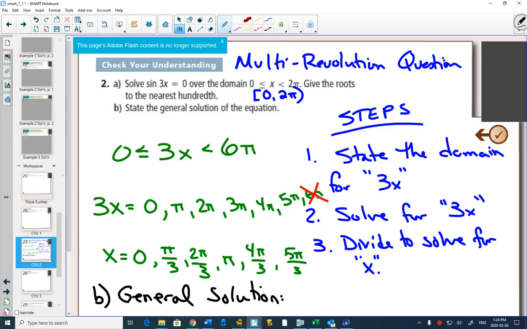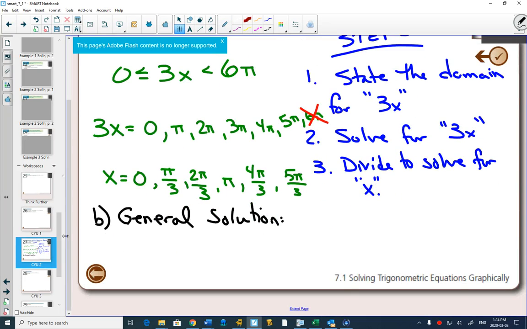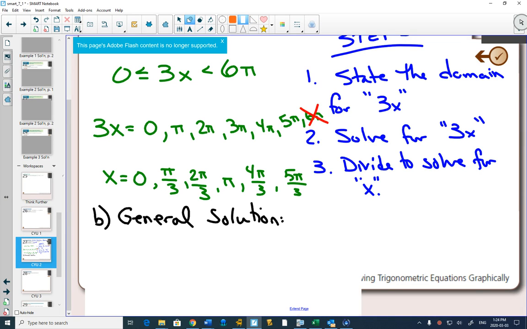So since we've solved between 0 and 2 pi already, are we ever going to be given something like sine of 1/3 x? Yep, it's possible.